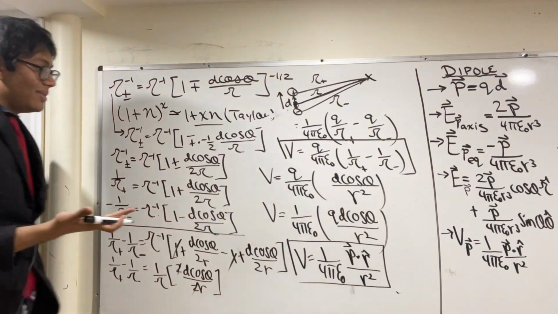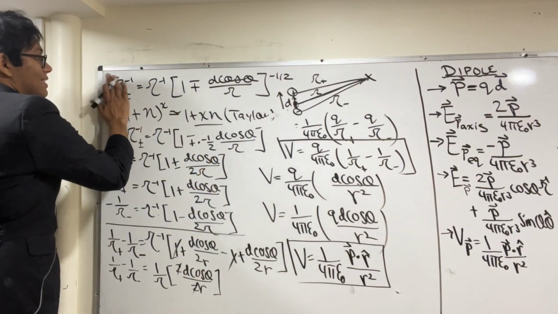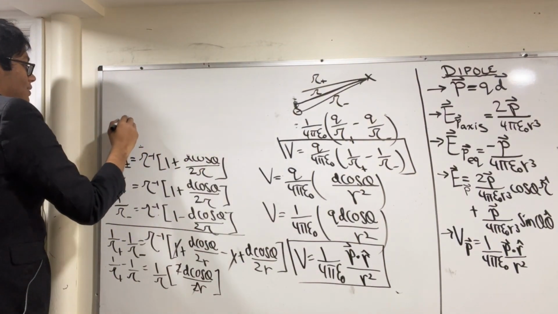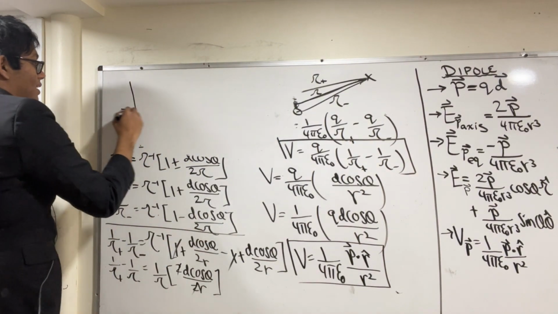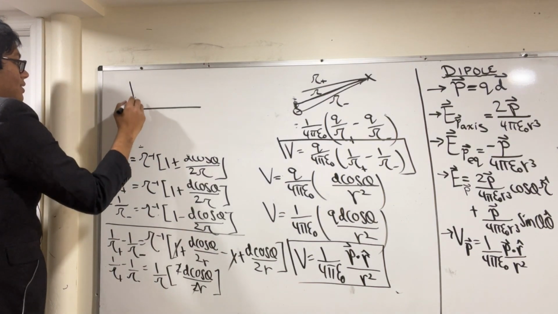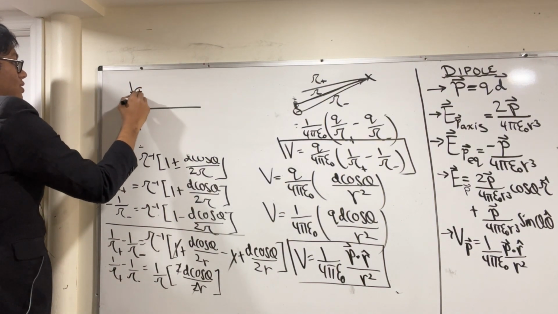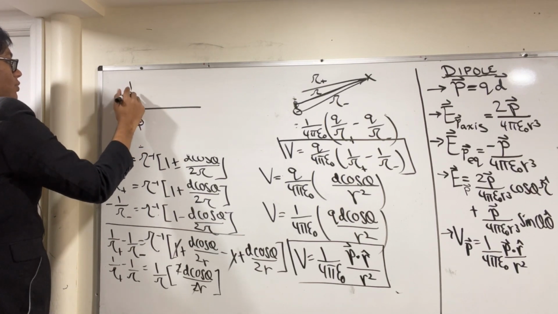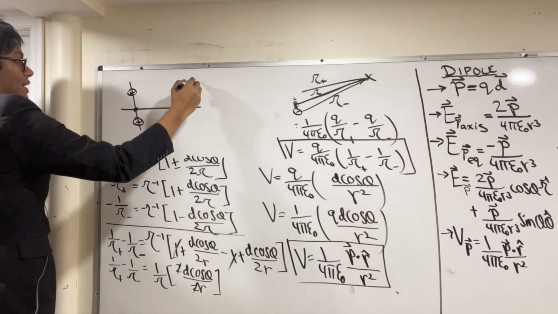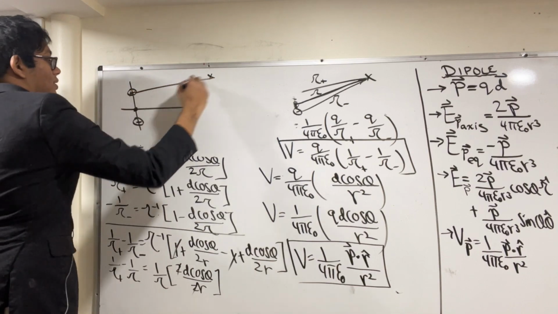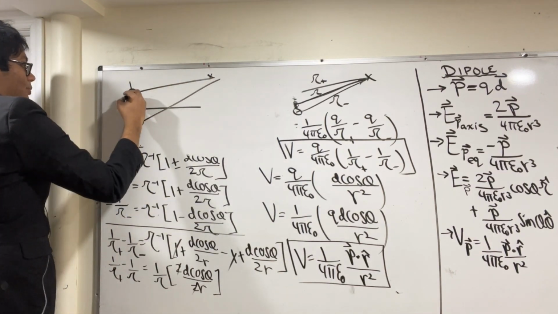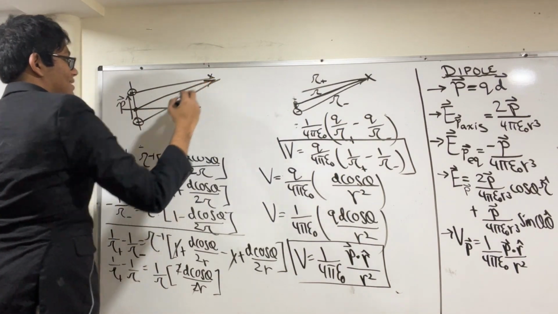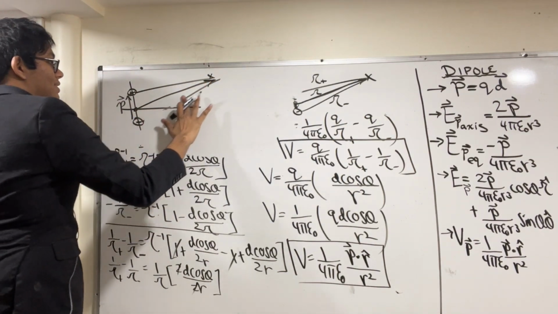I mean, this is amazing. You've got an expression that lets you calculate the dipole potential solely based on, let's say I have my coordinate origin right here, and my positive charge here, and my negative charge here, positive charge on the y-axis. And I want to calculate my dipole potential here. Well, guess what? Here's the dipole moment, p. Here's the distance to wherever I want to calculate the potential.